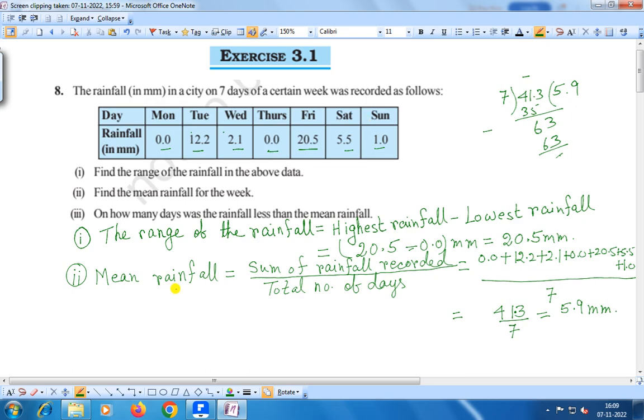Therefore you can say that it is 6 days.